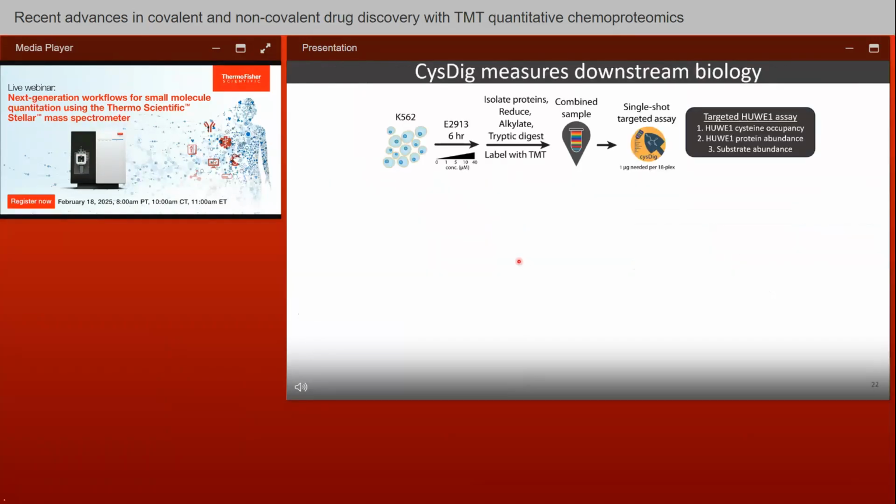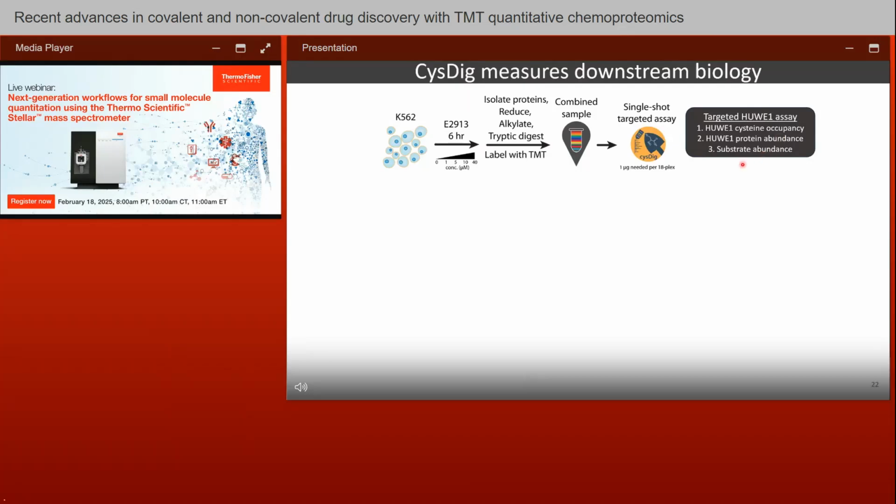And then in addition to measuring abundance and engagement, we can also measure some substrate abundance to learn some cool biology there. So we treated the cells with this compound again at different concentrations, used the bottom-up proteomics workflow, combined samples, and measured cysteine occupancy, protein abundance, and substrate abundance.